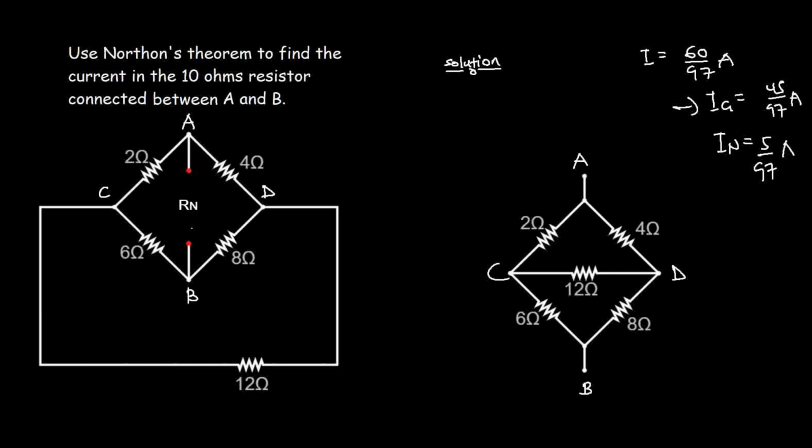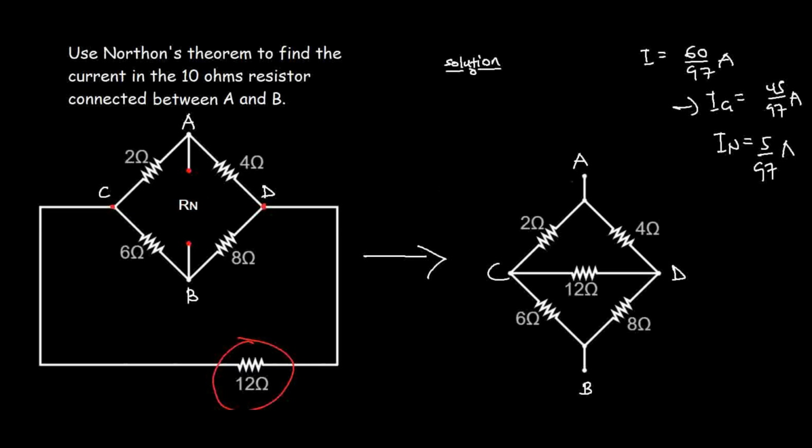Okay, so what I'll do is transform this circuit that I have here to what I have here on the right hand side. What I have here is the same as what you have here. This is because when you look at these 12 ohms here, it is connected to terminal C and then terminal D. So instead of me using this long path here, I can simply connect it in between C and D at this side here, so that the circuit will become simple.